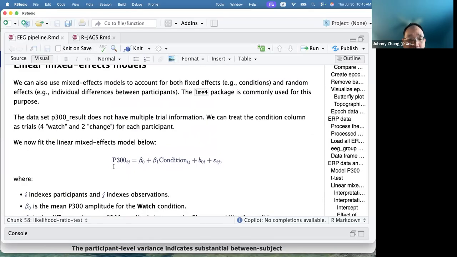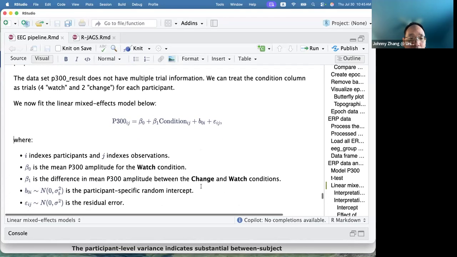So the first model I'm looking at is this model. It's a two-level mixed effect model. Beta zero is the intercept, the baseline; beta one is a slope, which is basically the difference between the conditions. But now we add an individual value for each person, B0i, which means for each participant, we have their baseline value.